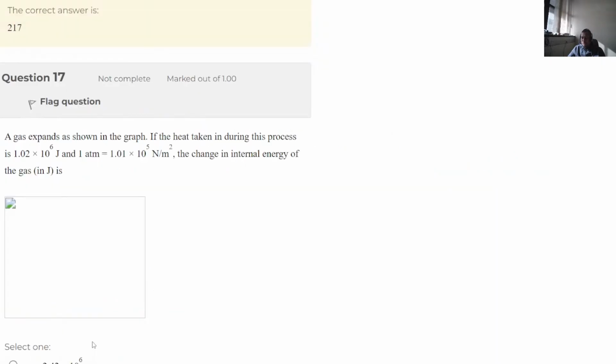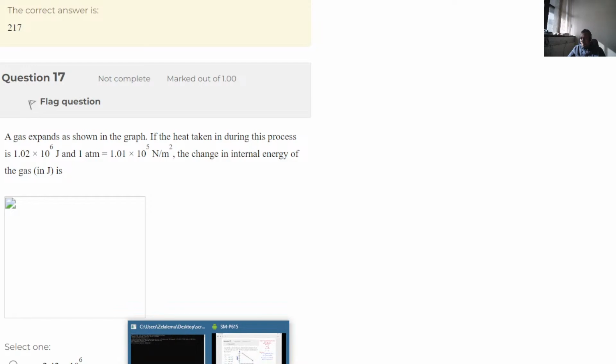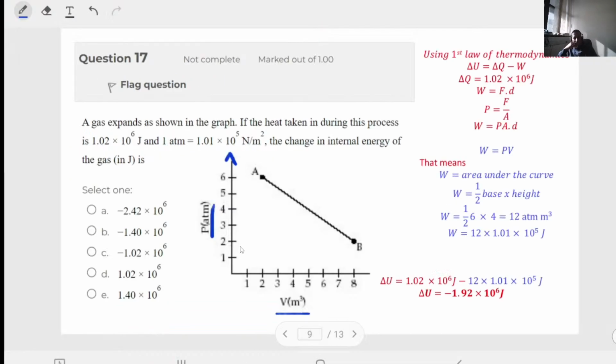If you are trying by yourself on Moodle, please note this image is missing; I want the Pro team to correct it. This is the given graph, with points A and B. You could see that at point A is the highest pressure, 6. The volume at that point is 2.